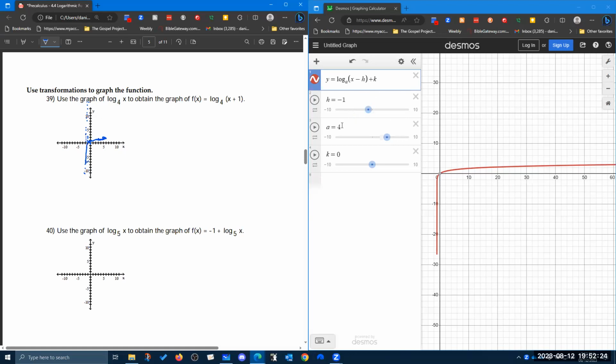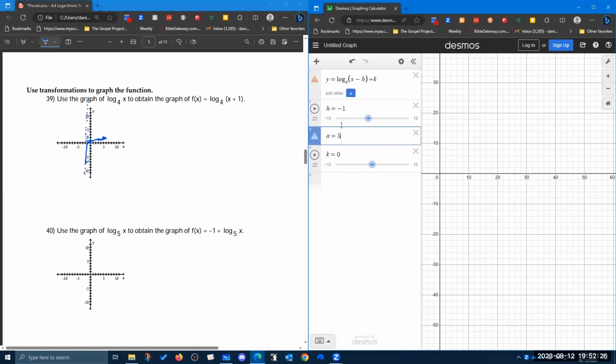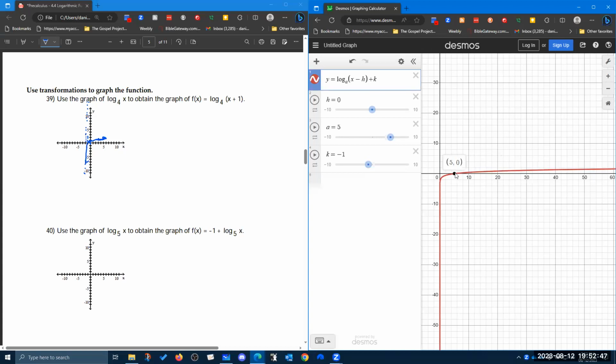And log base 5 of x. We want no horizontal shift, but we want a vertical shift of -1, like so. It's going to give us an x-intercept at (5, 0) over there.